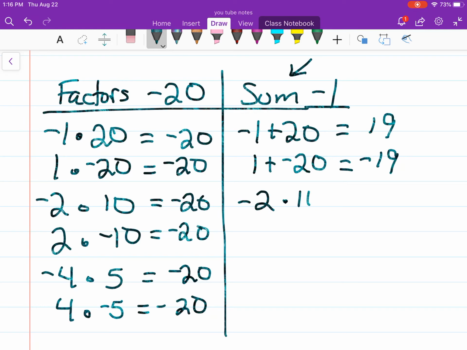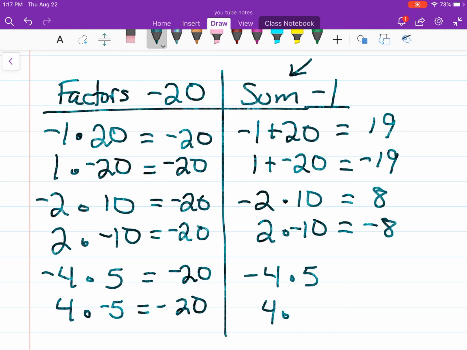Negative 2 times 10, and then 2 times negative 10. This will give me 8, and this one will give me a negative 8. Negative 4 times 5 and 4 times negative 5 will give me 1 and negative 1.